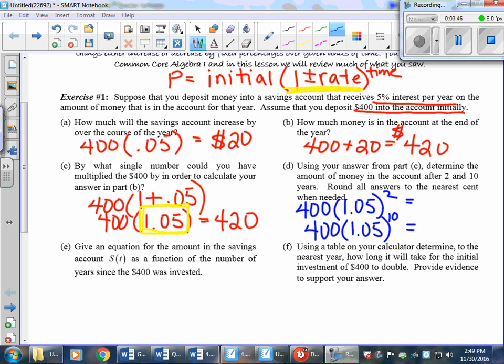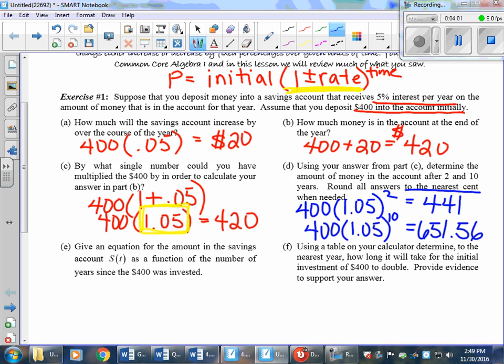So doing the math quickly, this is equal to 441, and this is equal to 651.56. Now make sure this one says round all answers to the nearest cent. I'm going to remind you that means to the nearest hundredth, because money. 0.56 is the nearest hundredth. Okay?